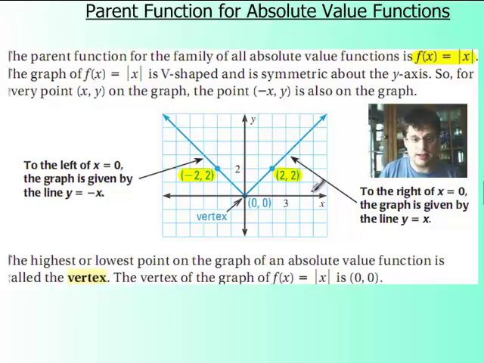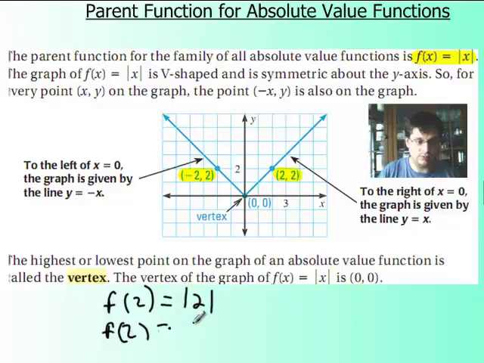And the reason for that is, if I were to substitute in 2 for x, so f of 2 is equal to the absolute value of 2, then f of 2 is simply going to equal 2. And that's how we get this point on the right.